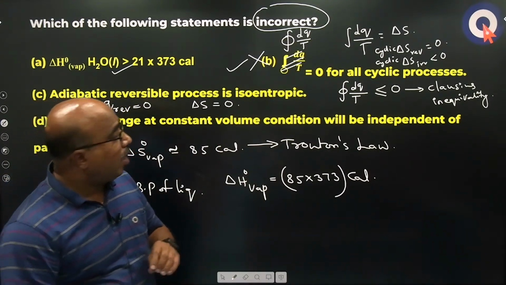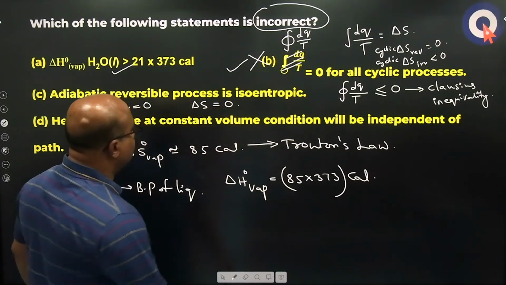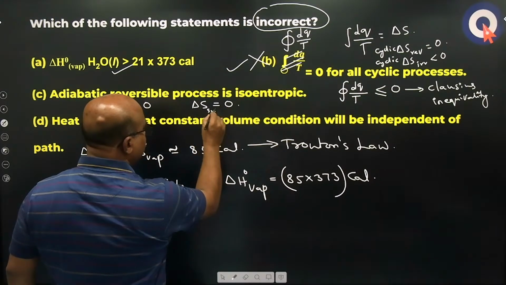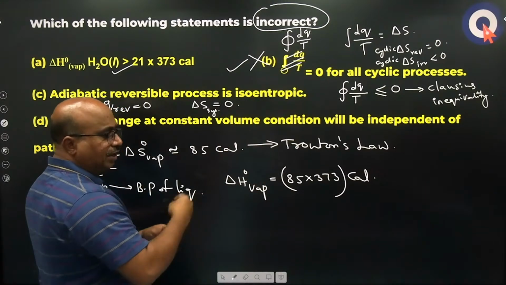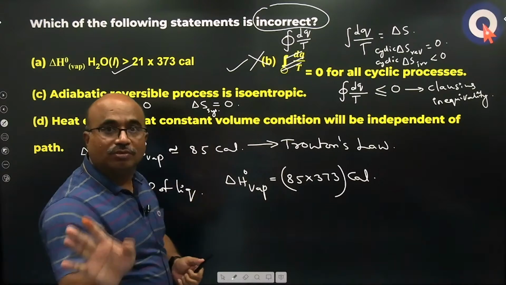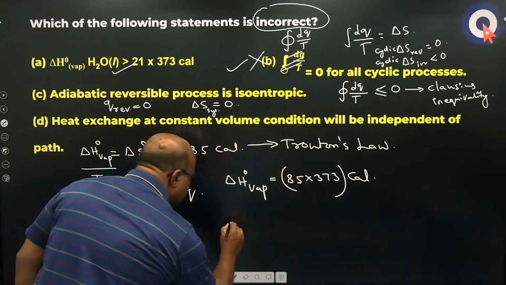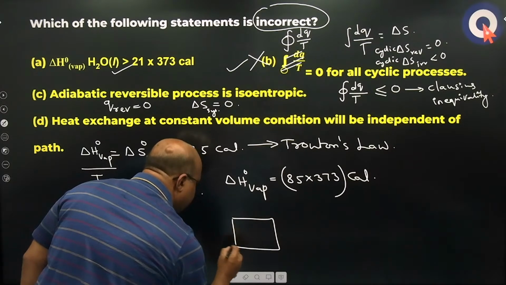But how do we prove it for the system? Even for isoentropic, system entropy will be 0, surroundings entropy will be 0. Both become 0.